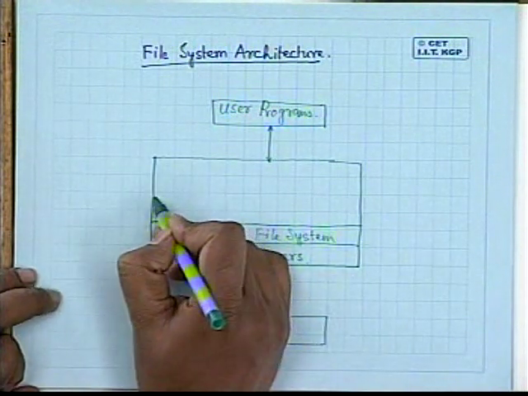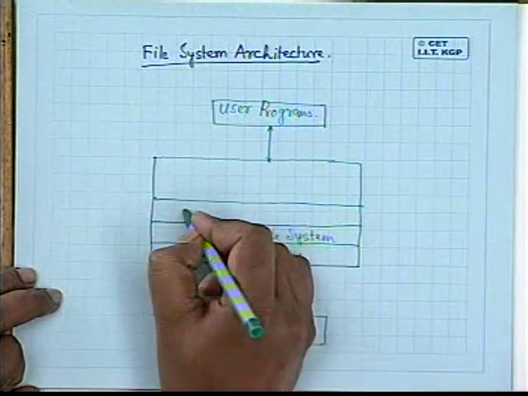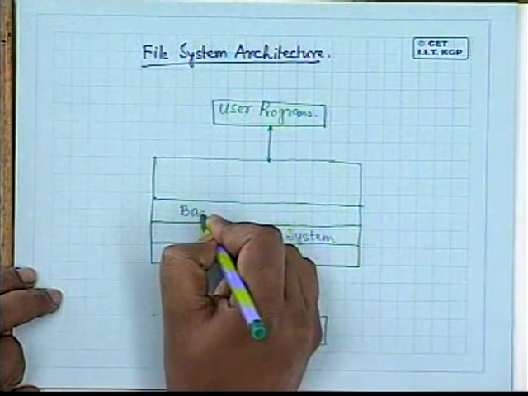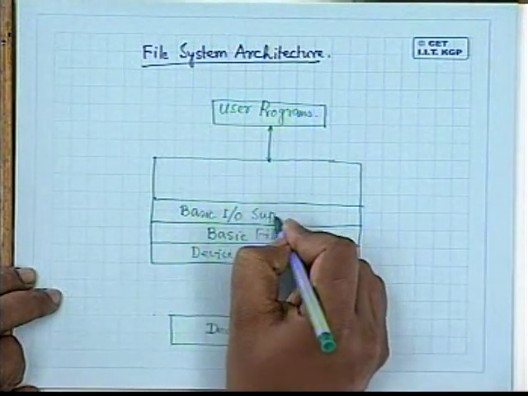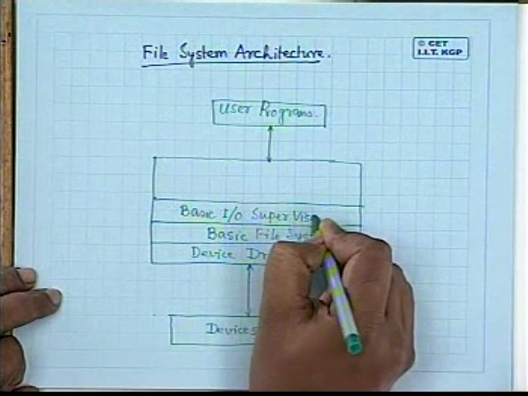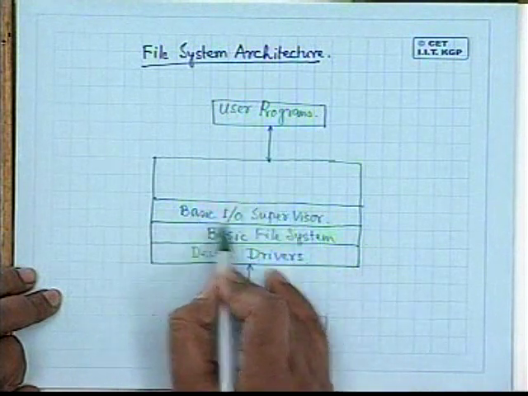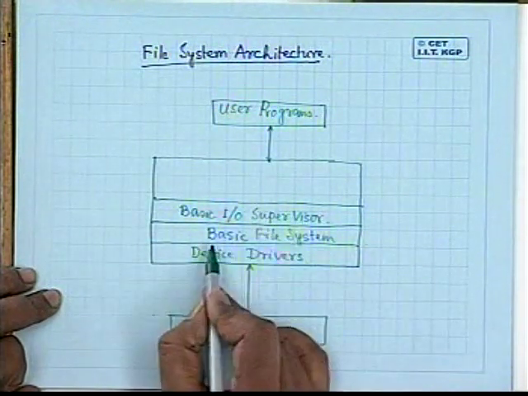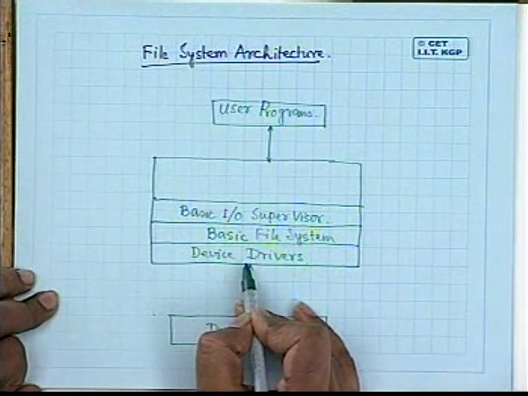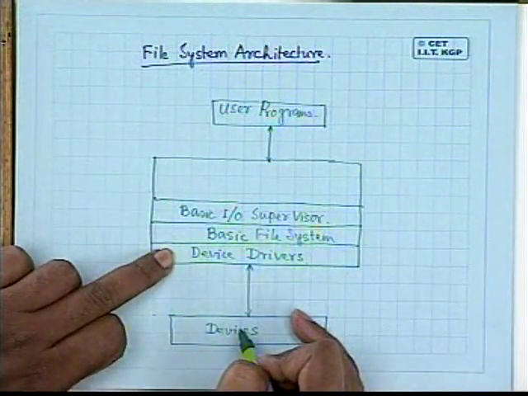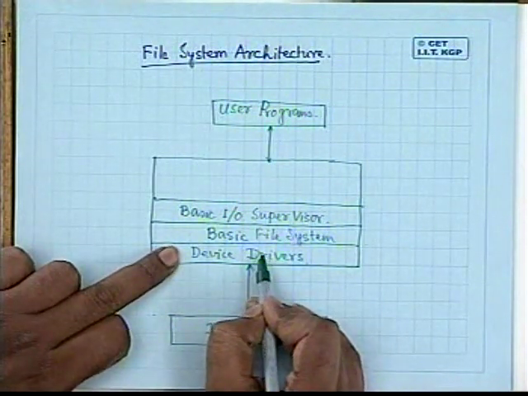On top of this basic file system, what we have is called a basic IO supervisor. The other responsibility of the device driver routines will be to start an IO operation, when to start reading the content of a particular block, and to process the IO completion.